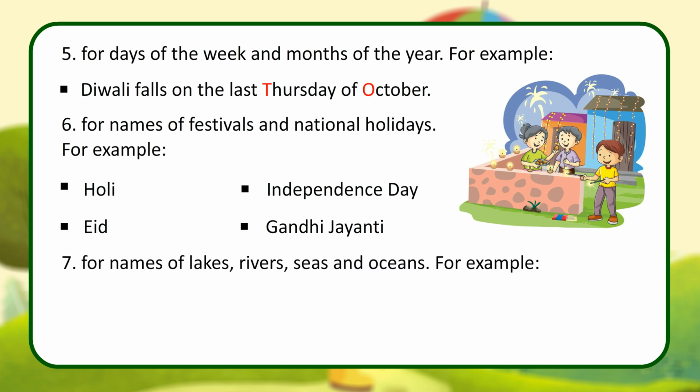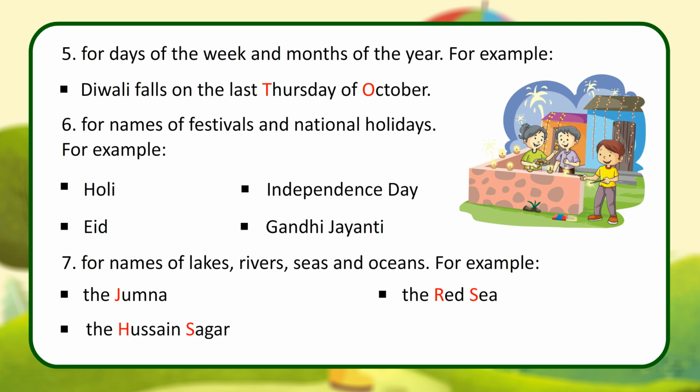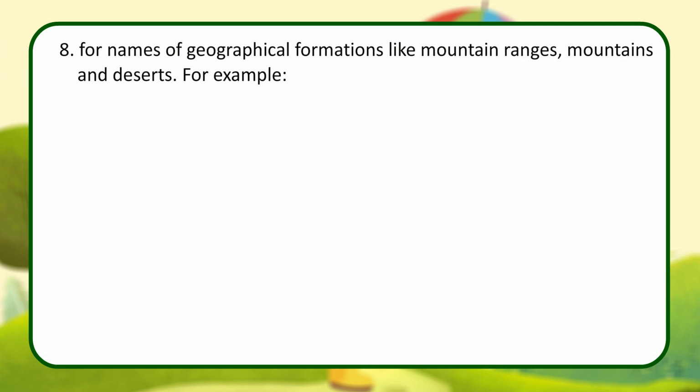7. For names of lakes, rivers, seas and oceans. For example, the Jamuna, the Red Sea, the Hussain Sagar, the Pacific Ocean. 8. For names of geographical formations like mountain ranges, mountains and deserts.